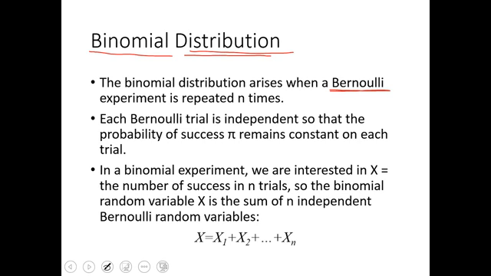The binomial random variable x is the sum of Bernoulli random variables. So x1 is Bernoulli, up to xn is Bernoulli. They are n independent Bernoulli random variables. The sum of n independent Bernoulli random variables generates the binomial distribution.